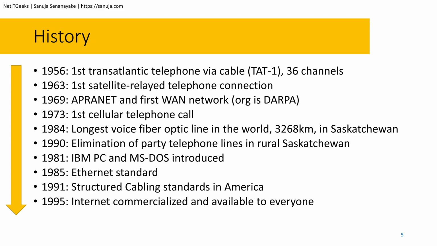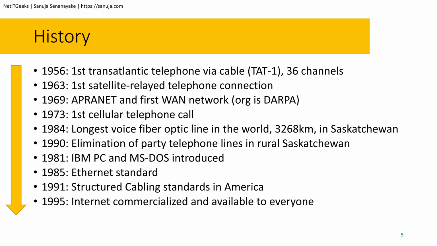It's not only IBM PCs used by industries and corporations, but slowly since 1981 the PC has gained popularity in the consumer market. In 1985, the so-called Ethernet standard was developed, which is the standard we still use today, that allowed structured cabling methodologies to expand into other areas, such as home users with multiple computers.